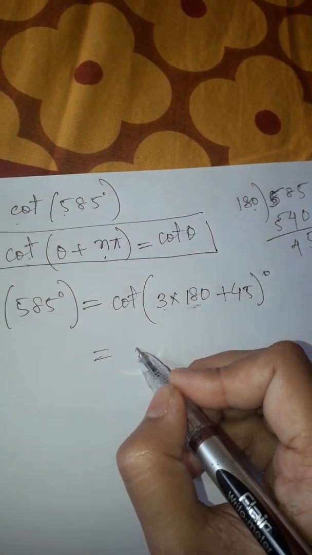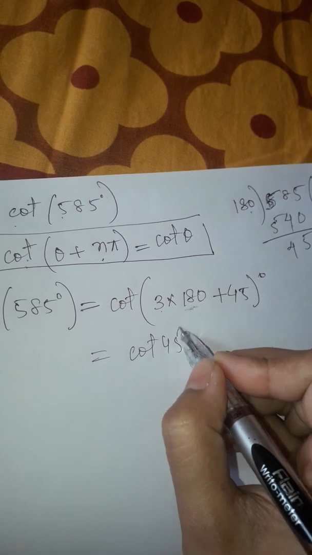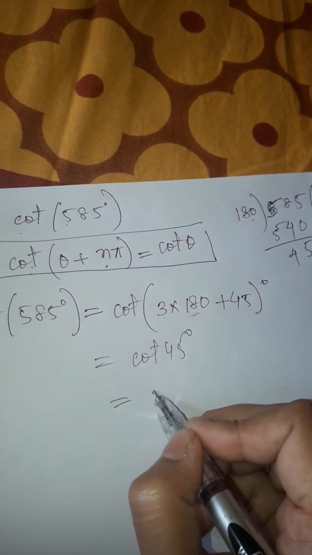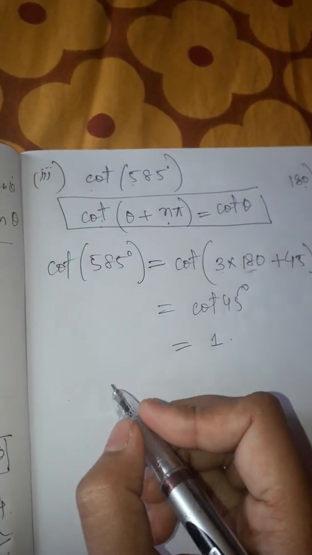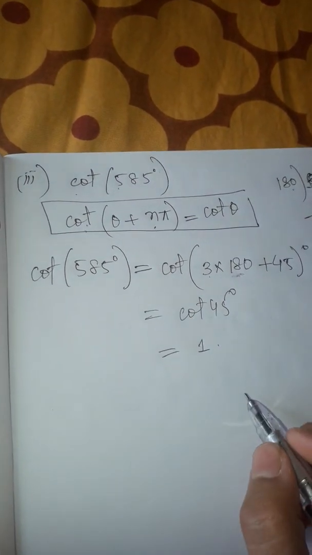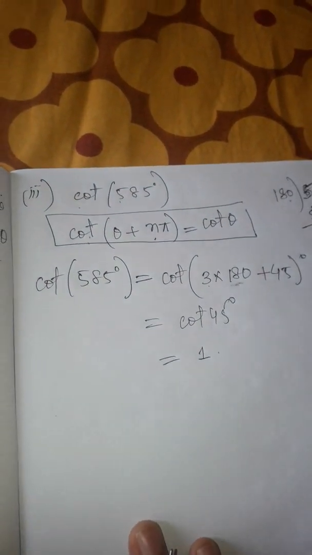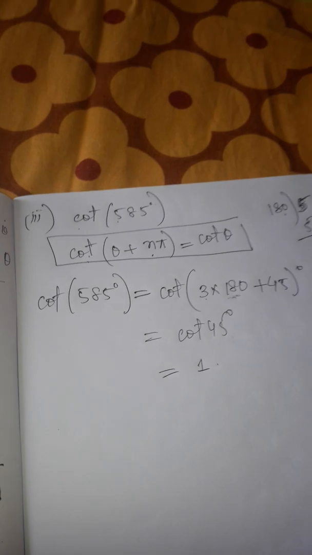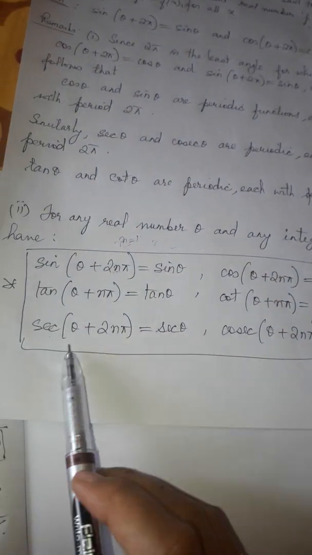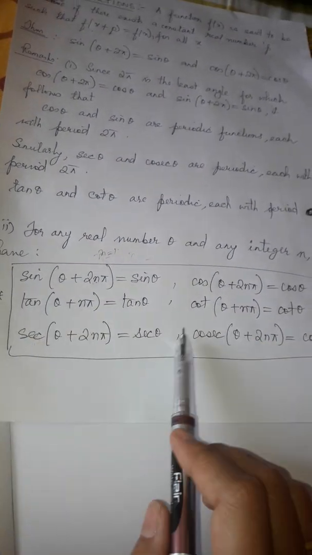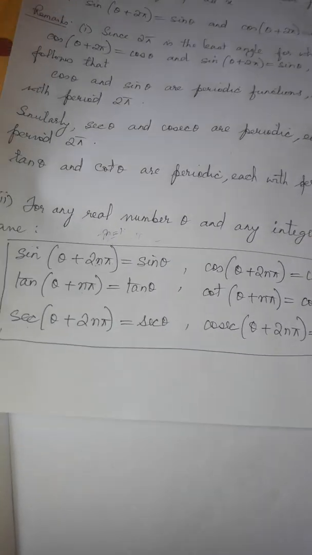So cot of 45 degrees. Cot 45 is 1. So this is the value of cot of 585. In this way, using the formulas we have learned, we have to solve the problems.